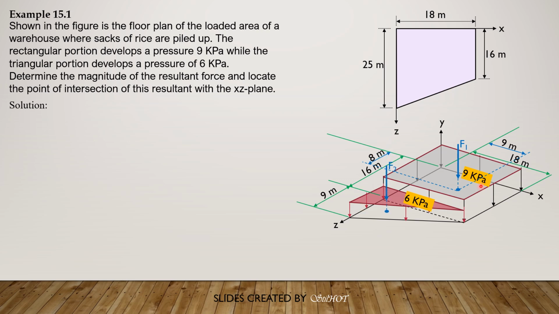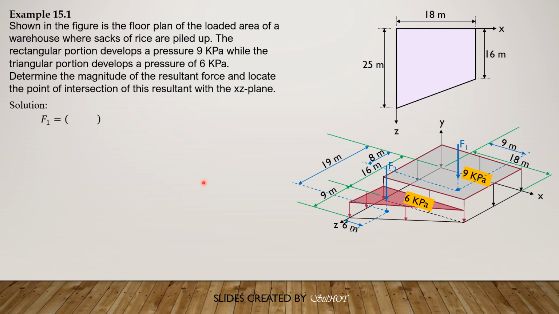Then F2 is the equivalent concentrated load for the triangular surface load, which acts at 1/3 of 18, which is 6 from the z-axis, and 1/3 of 9 is 3 plus 16, 19 meters from the x-axis.